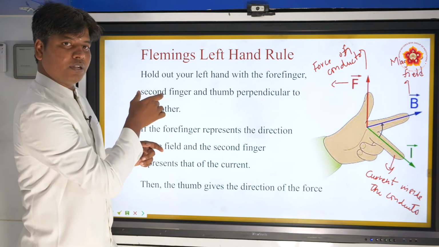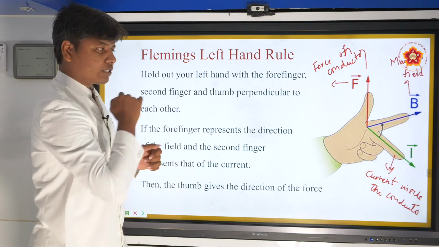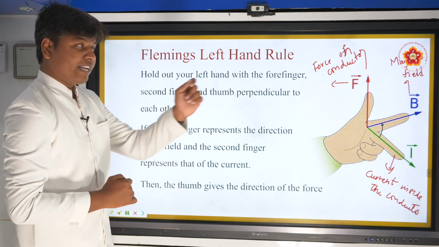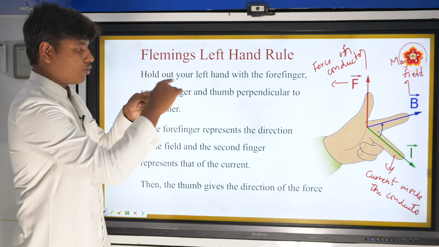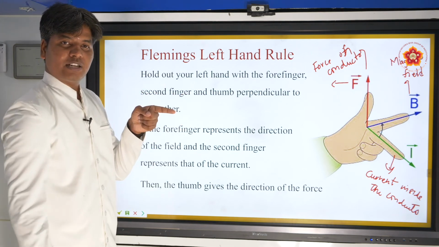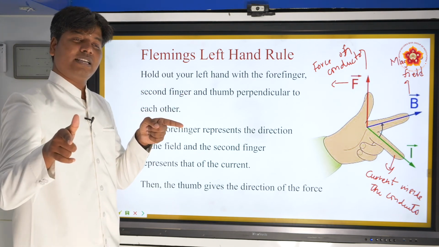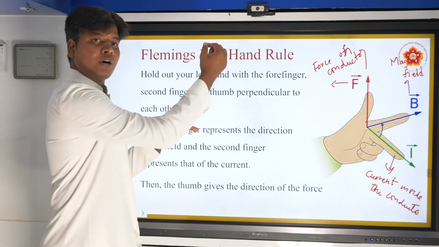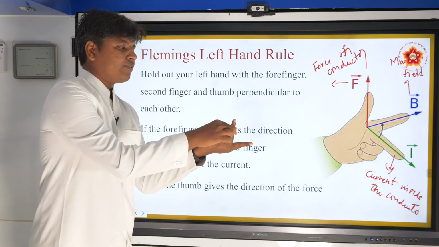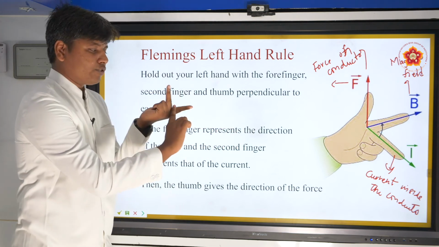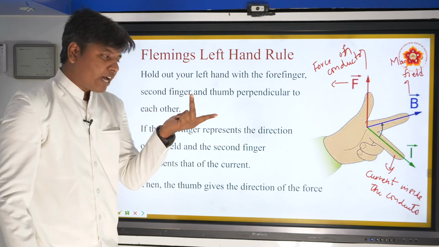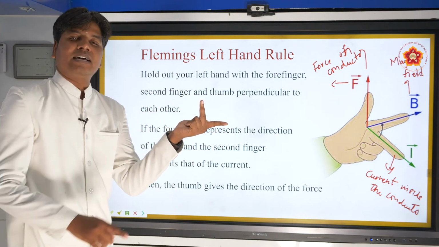Here we have a north pole, here you have a south pole. The magnetic field direction is from north to south. Your forefinger gives that direction. What is the direction of the current inside the conductor? From bottom to up, right? So the second finger will give you the direction of the current, and the forefinger gives you the direction of the magnetic field. Now unfold the thumb.